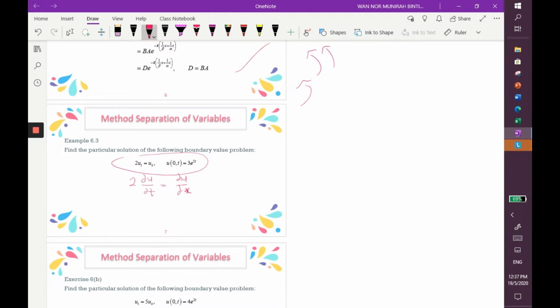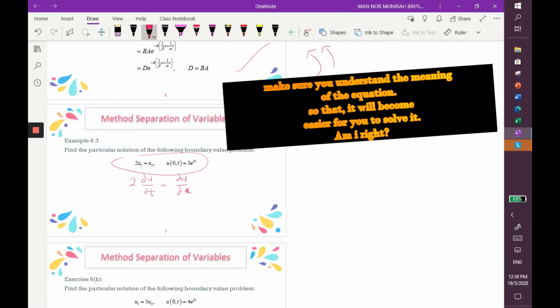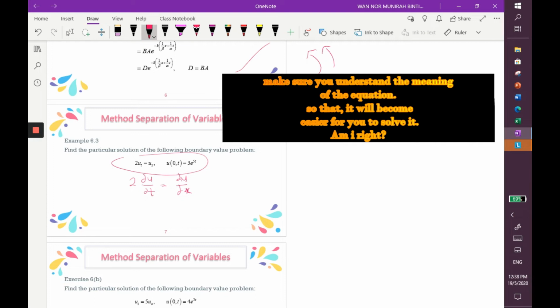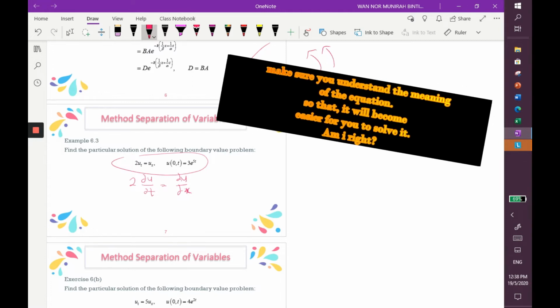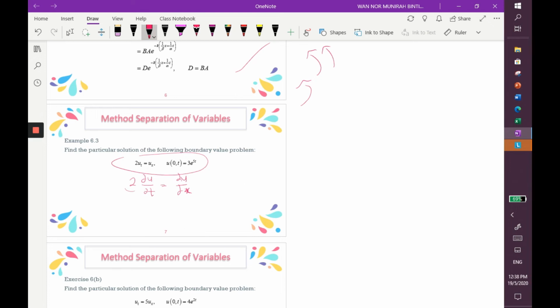It matches our previous definition: alpha del u del t equals beta del u del x, where alpha and beta are constants. Now alpha is 2 and beta is 1. So it matches, and we can solve this problem by using SBM.